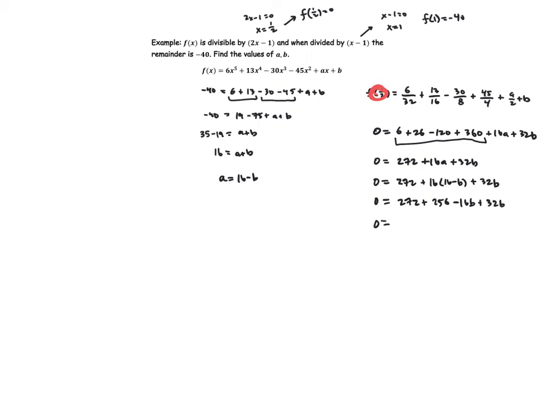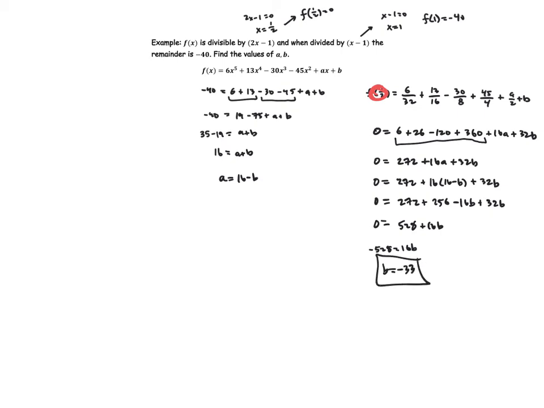So 0 is equal to 528 plus 16b. Let's see what we get. So negative 528 equals 16b. B equals negative 33.